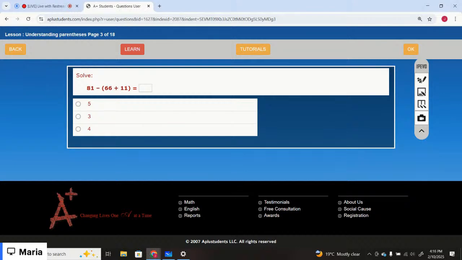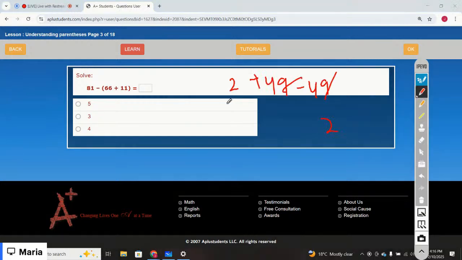81 minus 66 plus 11. So you have to solve the parenthesis first. 66 plus 11 is 77.